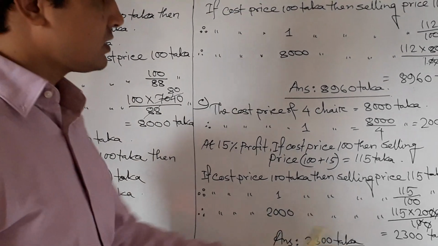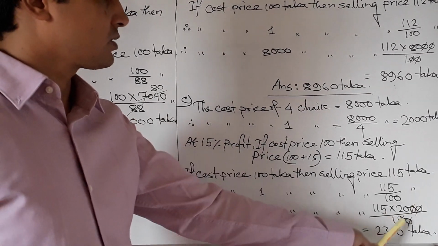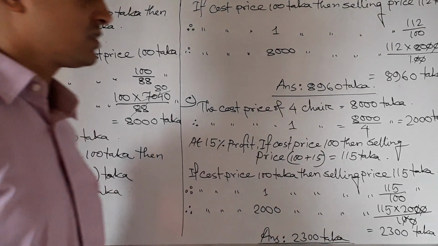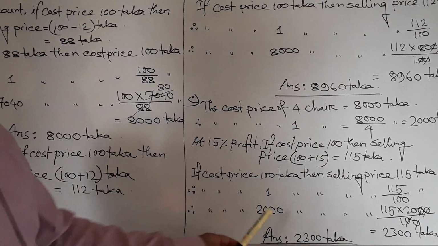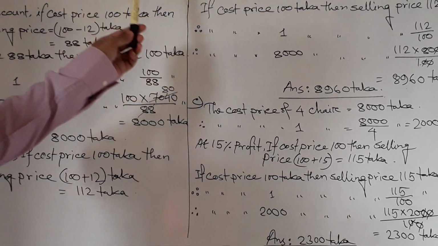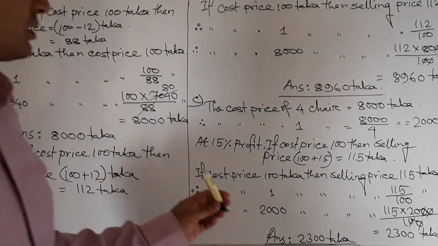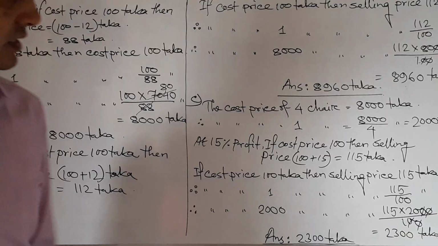So 115 multiplied by 2,000 divided by 100. Then we cut. So the result is 2,300 taka. So 2,300 taka is the selling price of a share when 15% profit is to be made. Now answer: 2,300 taka.